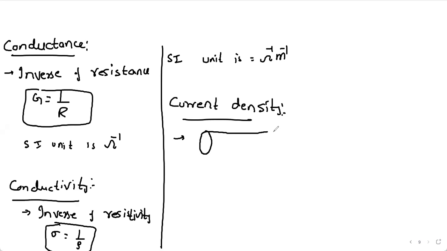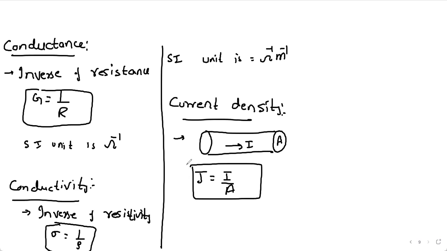Like if I give you a conductor, the area of cross section of the conductor is A. The current flowing through it is I. So the current density, we represent it by J, and it's current per unit area, J is I by A. Its SI unit is ampere per meter square.